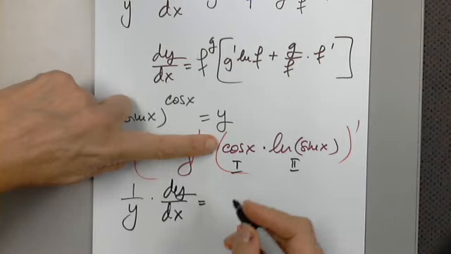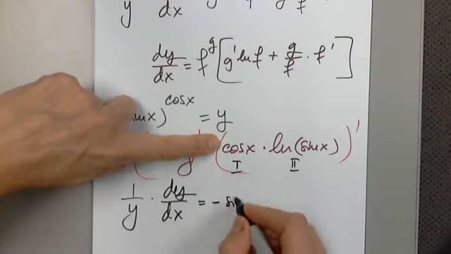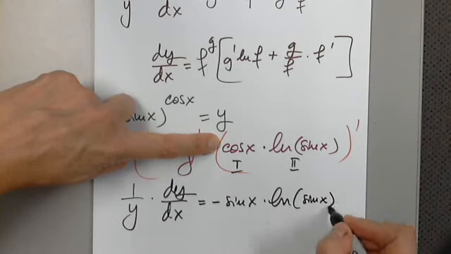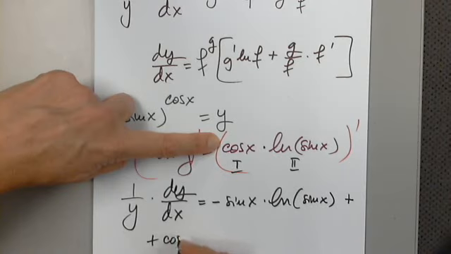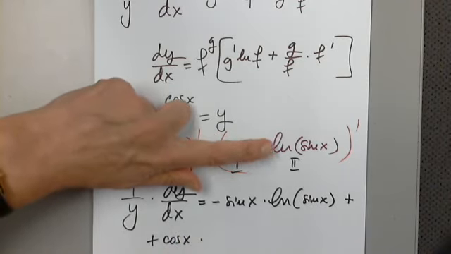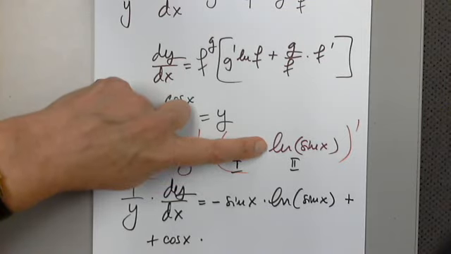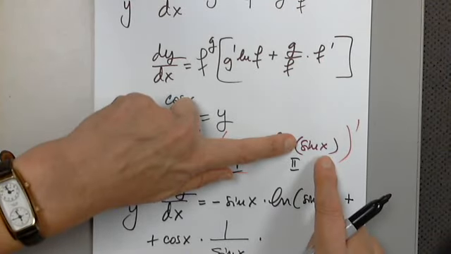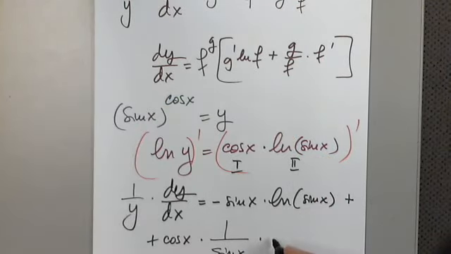So you'd have negative sine x times natural log of sine x, and then plus cosine x times the derivative of natural log of sine x. 1 over sine x times the inner function prime, times cosine x.